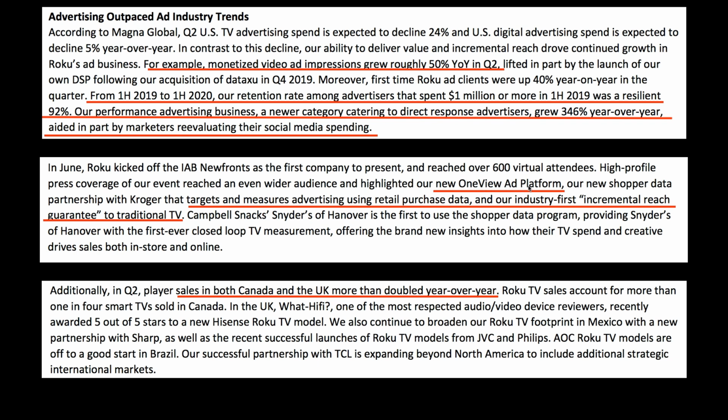So they are trying out new products, bringing new products to the market, and with that it's much easier to target and measure advertising, and also interesting. And you can see here, I already talked about that they're also expanding into the international world. Canada, UK, more than doubled year over year. So another growth opportunity worldwide.